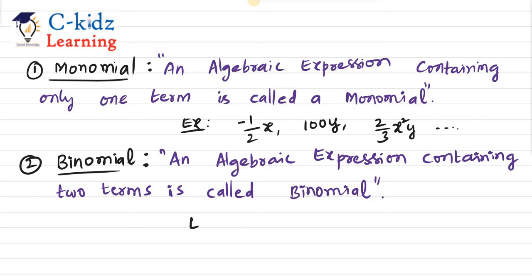Example: 2x minus 3, x square y plus 4, etc. This is about a binomial.